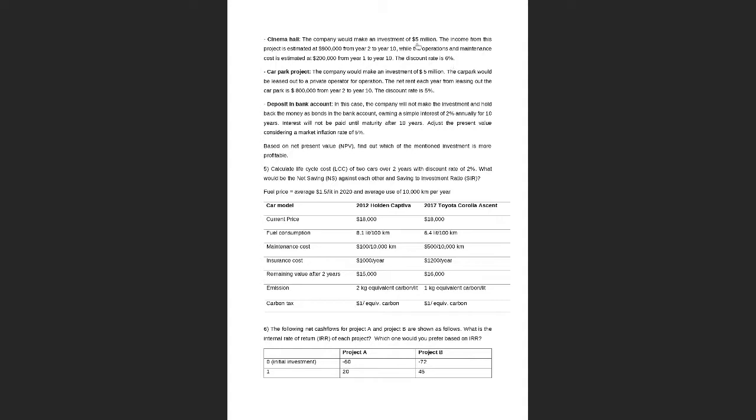So 5 million into 10 years into 2%. So that will give you the profit earned after 10 years. Okay, and then you have to discount that back into the present time to see how much is the profit earned from that in today's value.